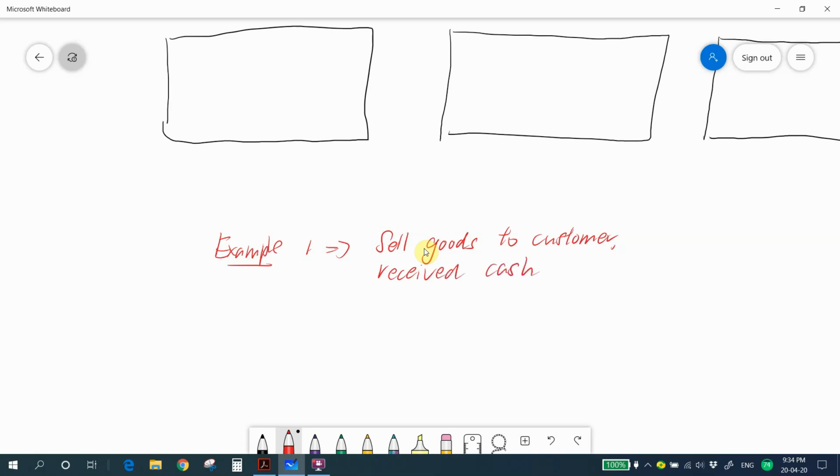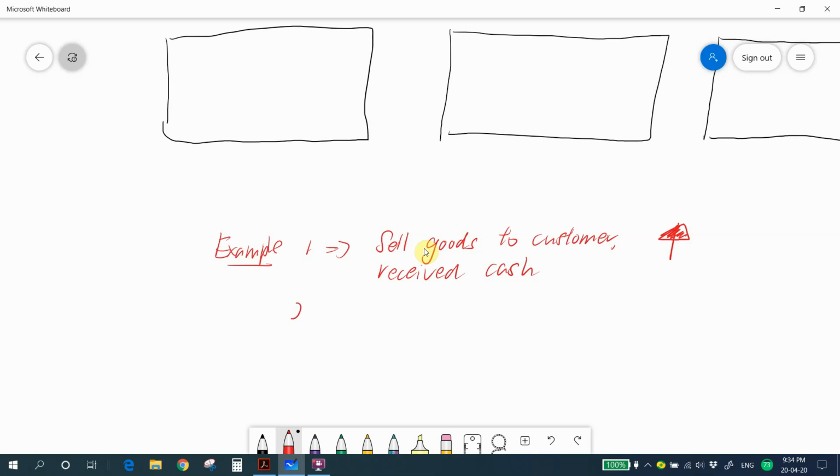Tell me, by having this transaction, your cash increase or decrease? Your cash will increase. Why? Because when you receive the money or receive the cash from a customer, the cash balances that you have will definitely increase because your cash is getting higher.